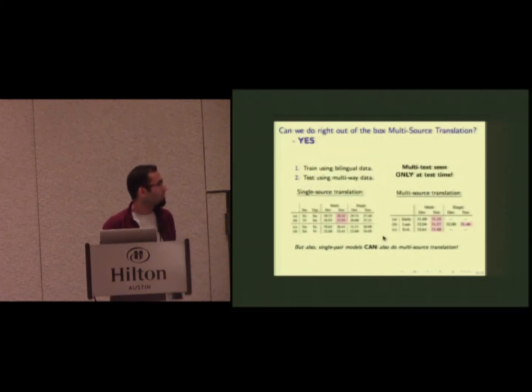So let's look at the BLEU scores when we apply the decoding strategies during test time. On the left, you see the baseline performance of this multilingual model, and highlighted in red, you can see single pair translation results. For Spanish English, we were getting 28.3, and for French English, we were getting 27.9.